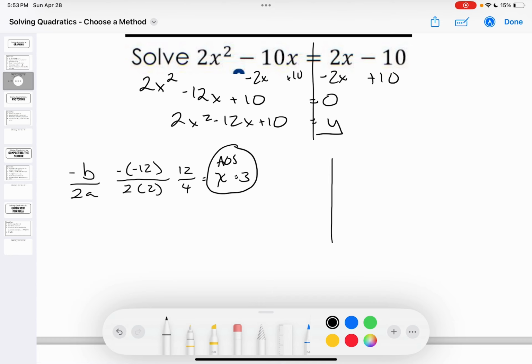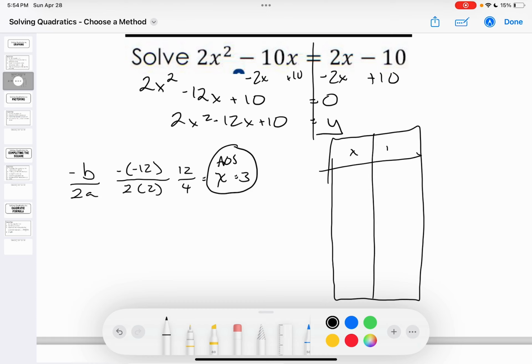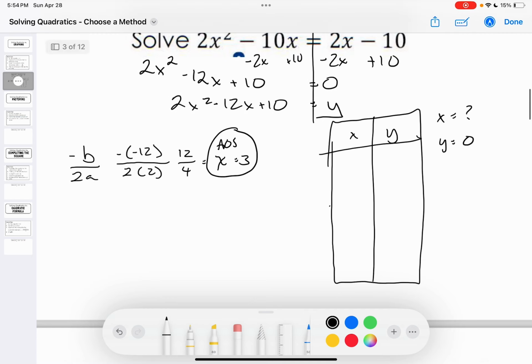I'm going to create an XY table here. And again, we are looking for the x value when the y value equals 0. So I know I've got an AOS down here at 3.